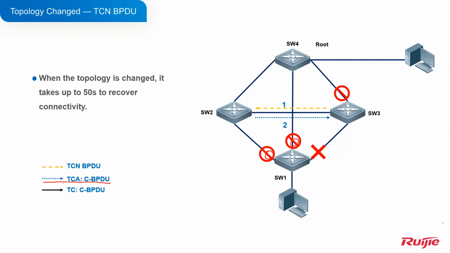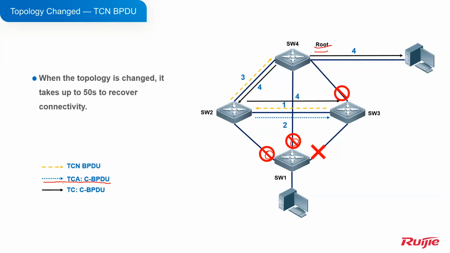And at the same time, SW2 will forward the TCN BPDU to SW4, because actually SW4 is the root. After receiving that, the root bridge will send the TC BPDU to the downstream device, to SW2. SW2 sends it to SW3.